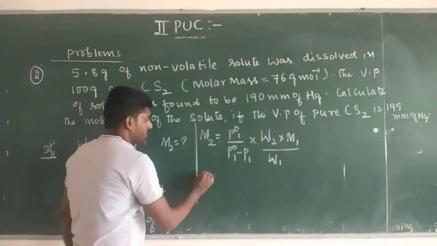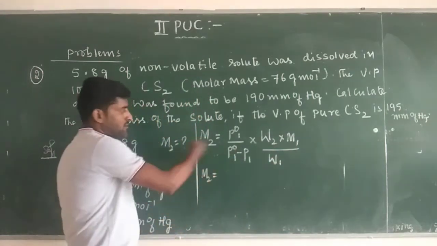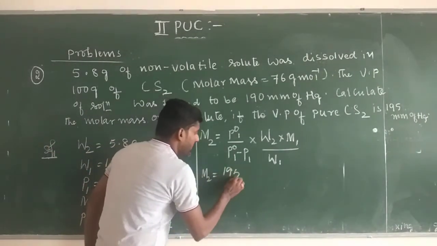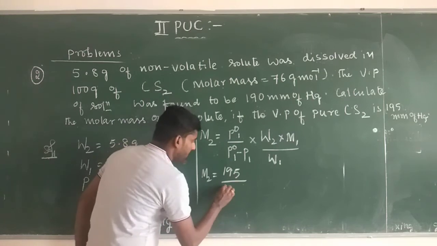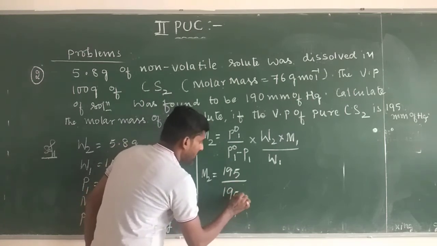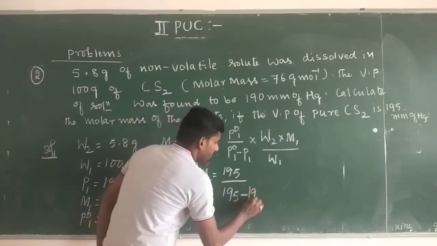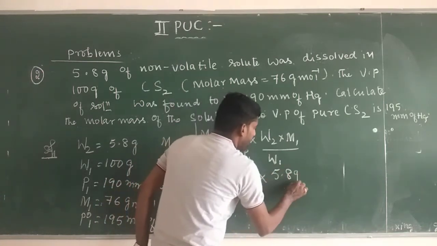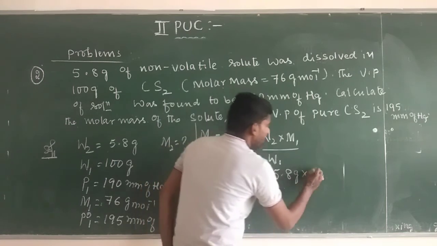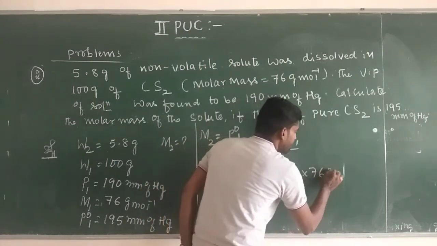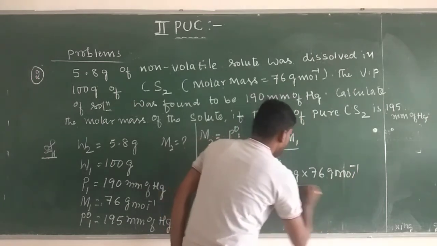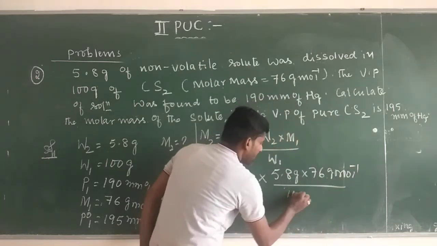So M2 is equal to, substitute the values: 195 divided by 195 minus 190 into W2 5.8 gram into M1 76 gram per mole divided by W1 100 gram.